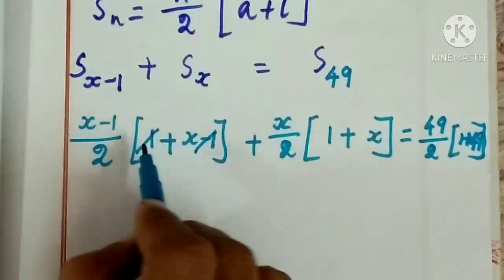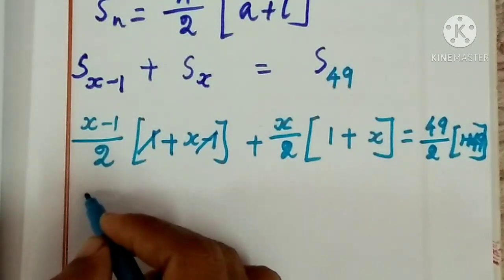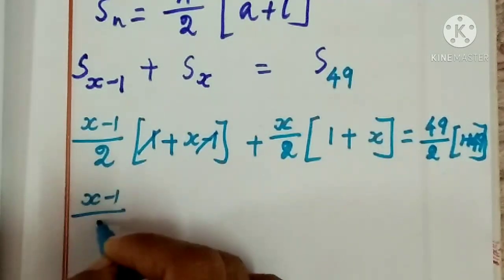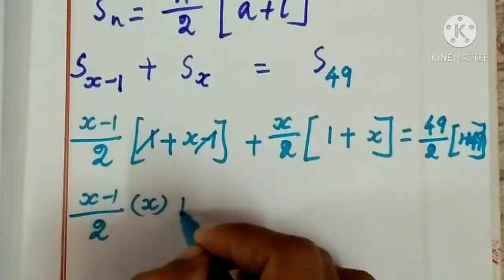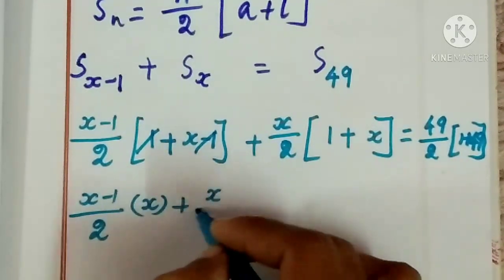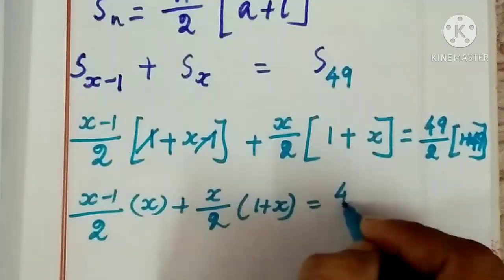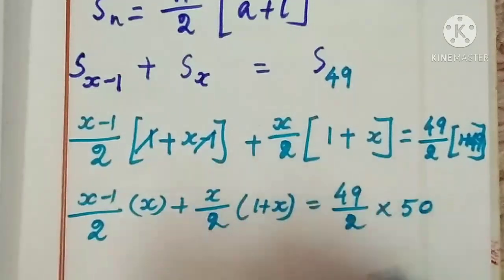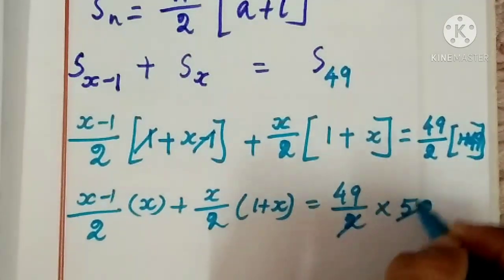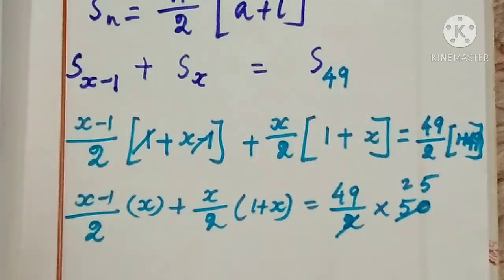Here plus 1 minus 1 cancel. Then you can write (x minus 1)/2 into x, plus x/2 into (1 plus x), is equal to 49/2 into 50. Cancelling this 2, 25 twos are 50.